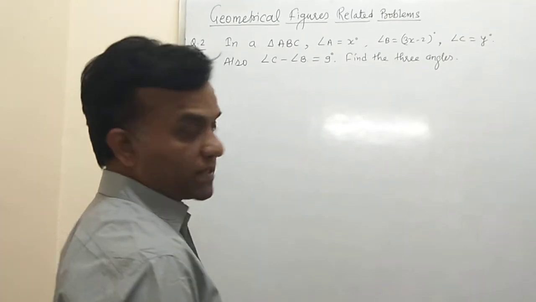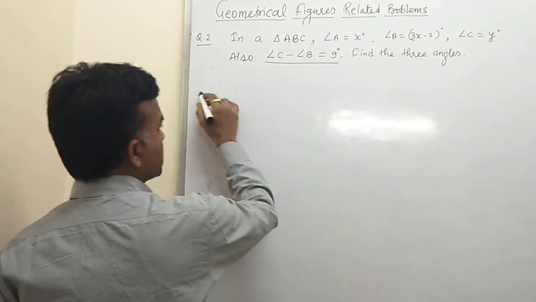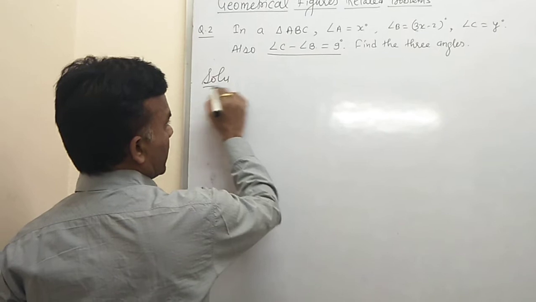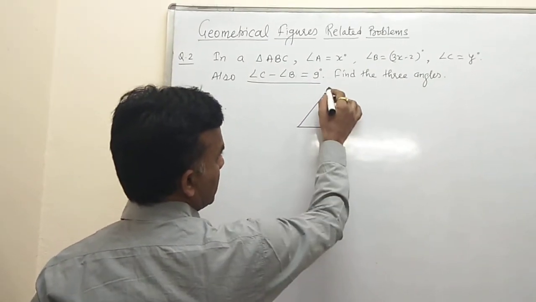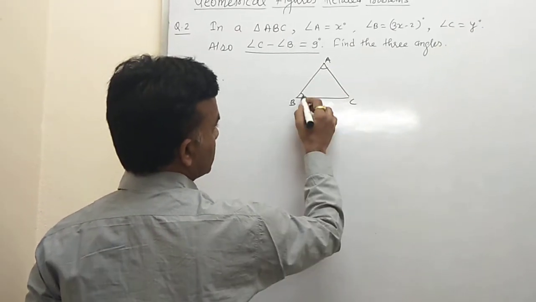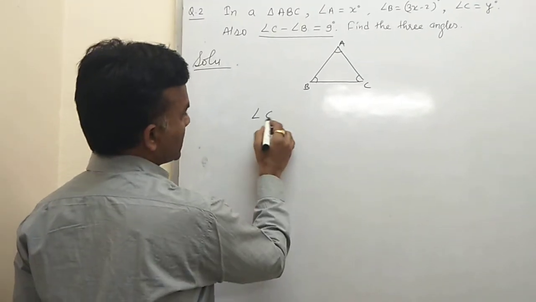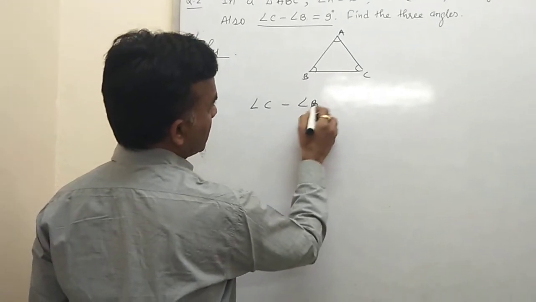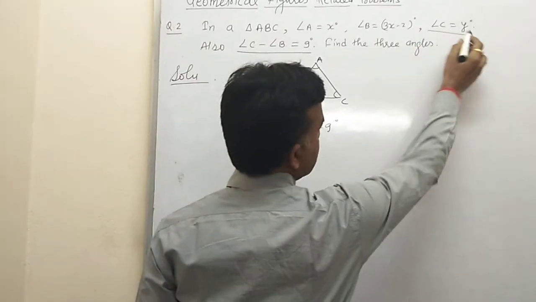So here first we start with the basics because initially this condition is given. So you start first here because first you draw the figure of triangle like ABC. You have A here, B here, and C here. Okay, so we know the condition of this triangle, and now our condition is angle C minus angle B is 9 degree, and we know what is the value of angle C? Angle C is y.